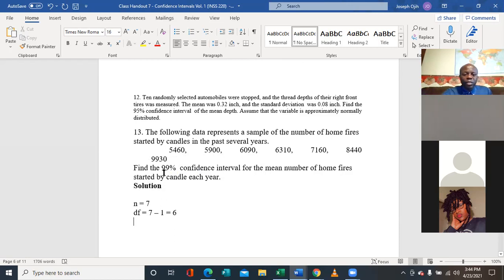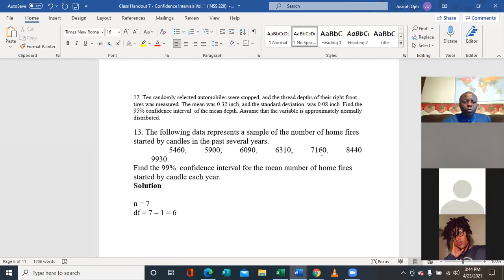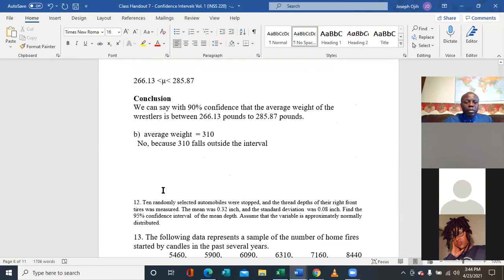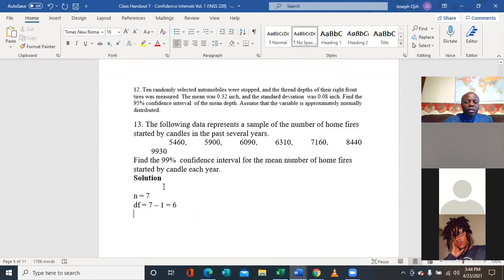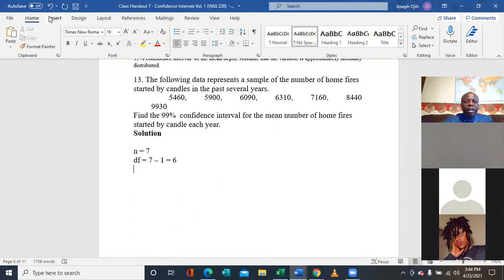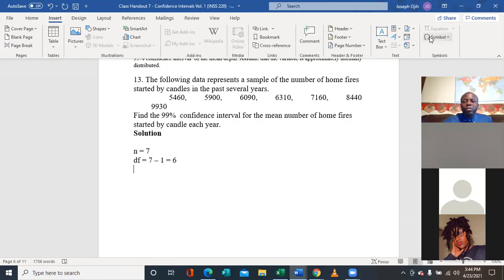Our confidence level is 99%, so our alpha will be 1%. Your chance of being wrong will be 1%. So alpha equals 1%, that is 0.01.